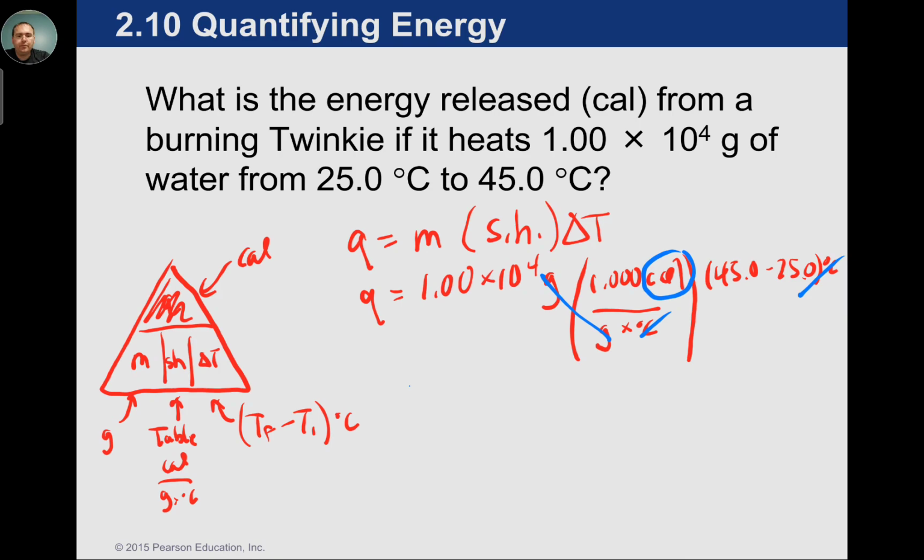So calories are left over. And as we multiply 1.00 times 10 to the 4th times 1 times 20 would be the difference here. You get 20 times 10,000, that's 10 liters. And then you get 200,000 calories. Which seems like a lot, right?